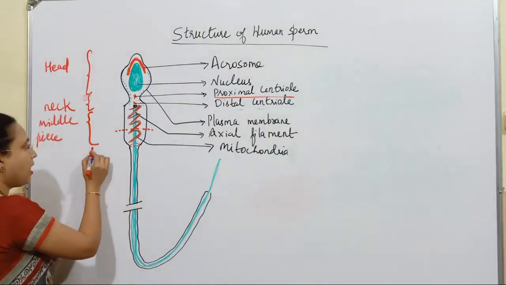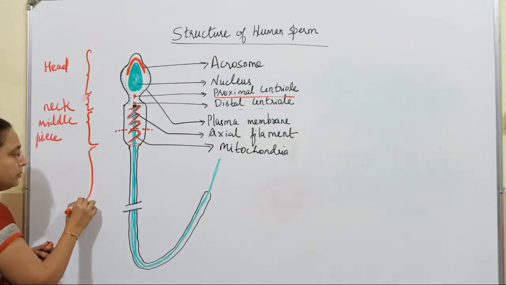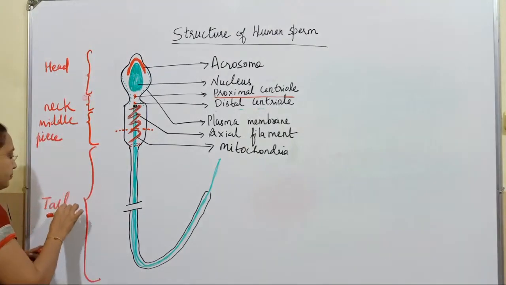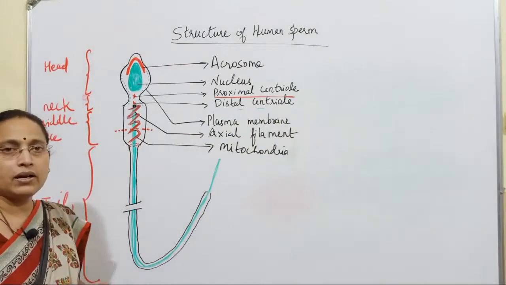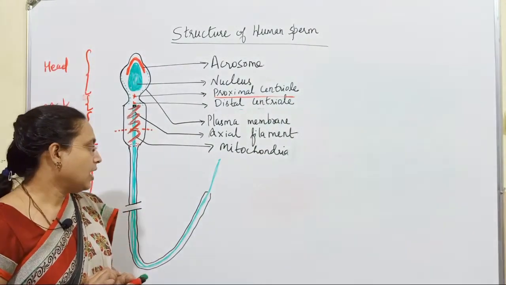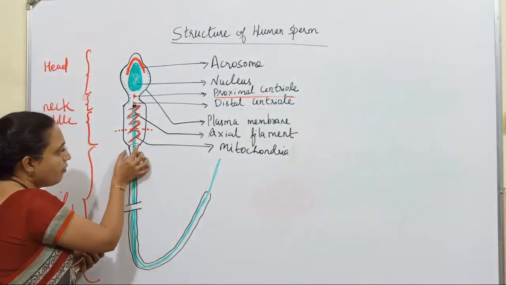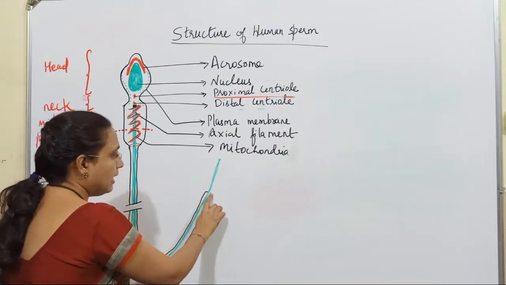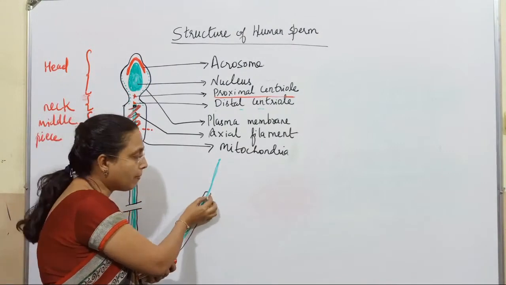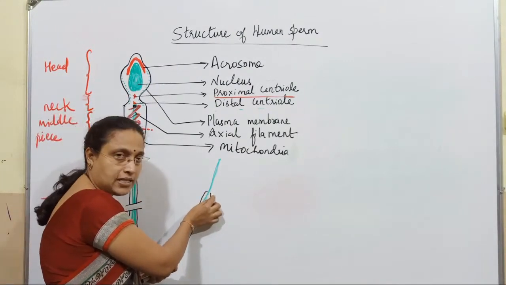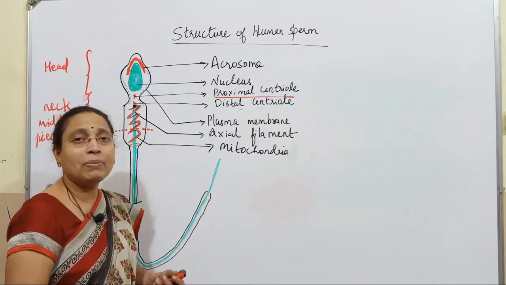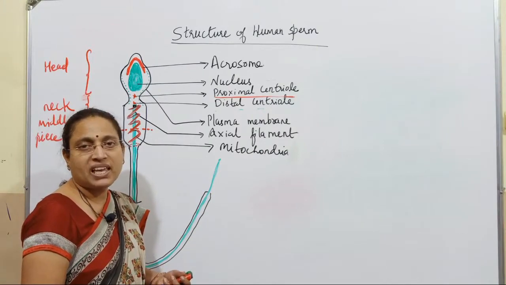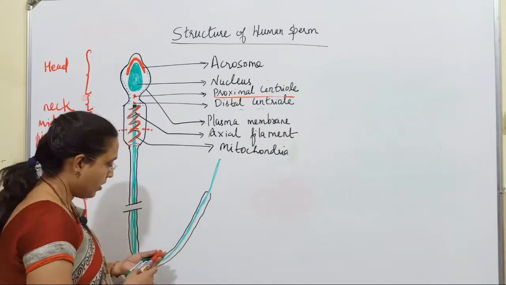Then the longest part of the entire sperm will be nothing but the tail part. The tail part, from the beginning of the tail till the region where plasma membrane is present, is called the main piece or the principal piece of the sperm.